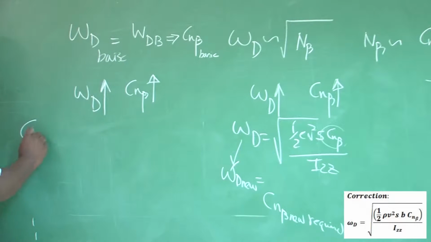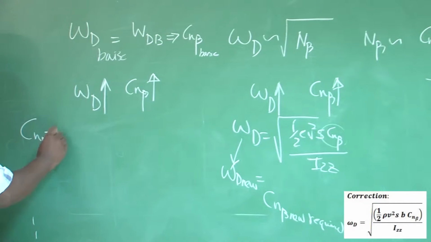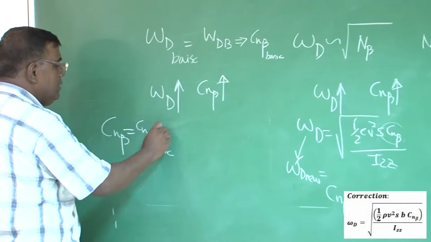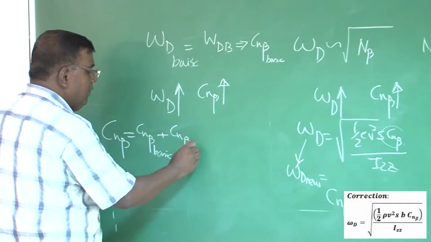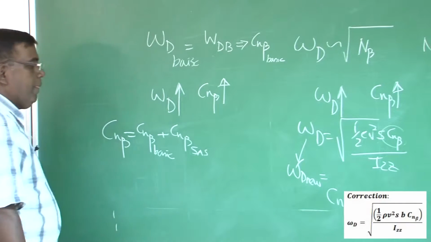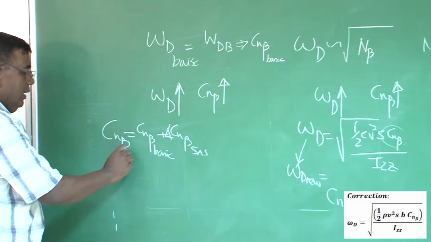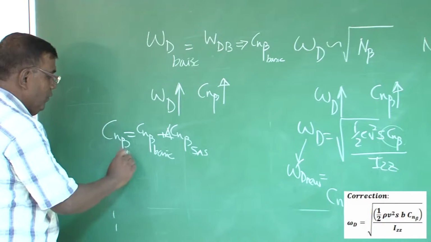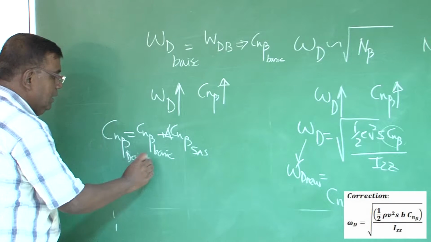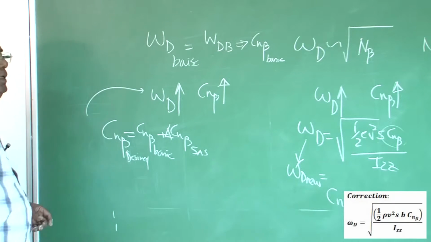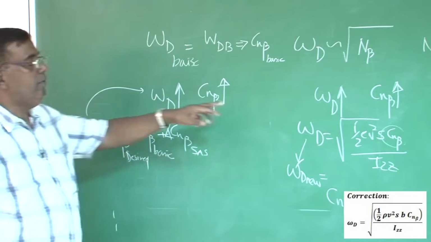So I have got Cn beta is Cn beta basic plus Cn beta which will come from SAS. That is the additional. And this is the desired, or required, whatever you say. Who decides this Cn beta desired? That is linked to whatever omega d required, which we got approximately from here.